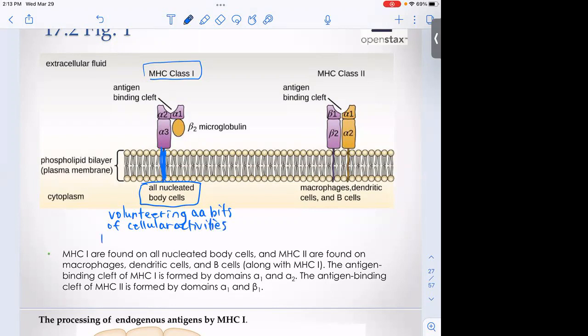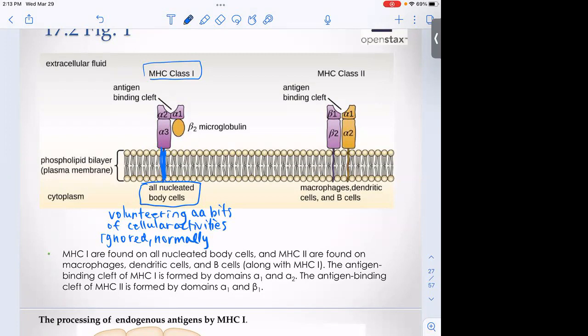Ignored normally. But if that cell is infected with a virus, this is how the cell advertises what's going on: I need some help, I've got a virus in here or some other intracellular pathogen.